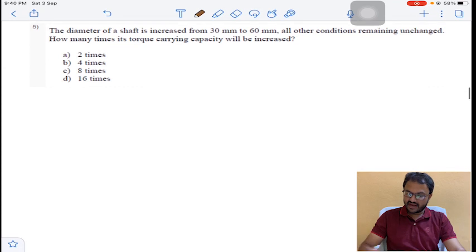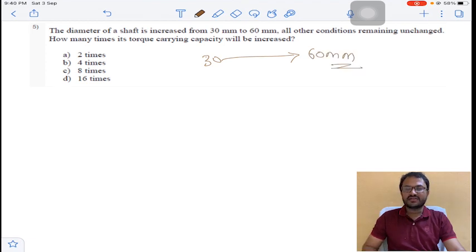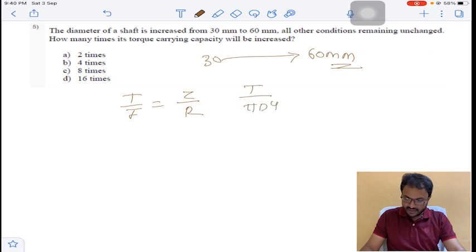Coming to question number 5, the diameter of the shaft is increased from 30 mm to 60 mm. How many times the torque will increase? So from the expression T by J is equal to tau by R, where J is pi d power 4 divided by 32 and R is equal to d by 2, T is directly proportional to d cube.